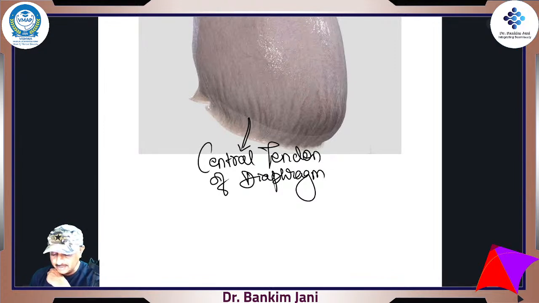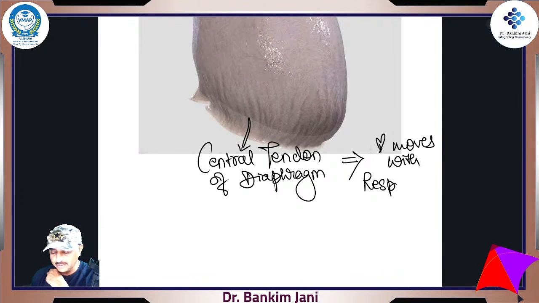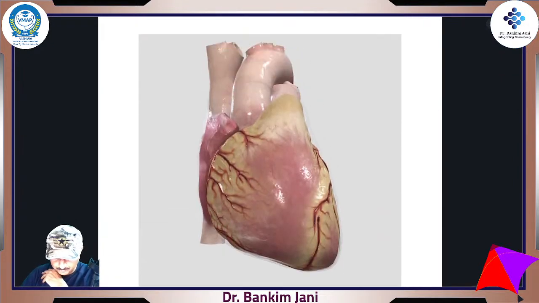And this is the reason the heart moves with respiration, because we know that even during quiet respiration, it is the diaphragm which helps in the movement of respiration, right? So this is how it moves. So this is covering. Now if we look at other structures, very easy.